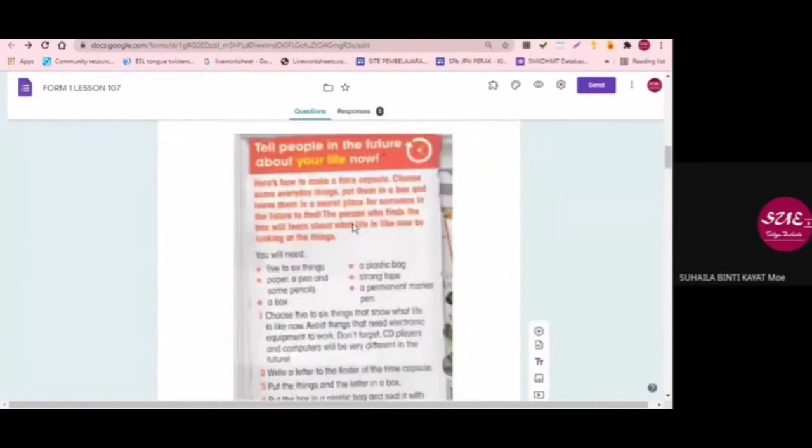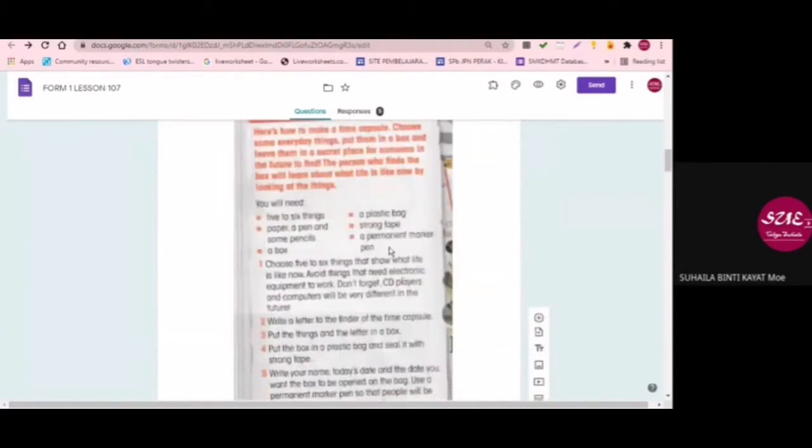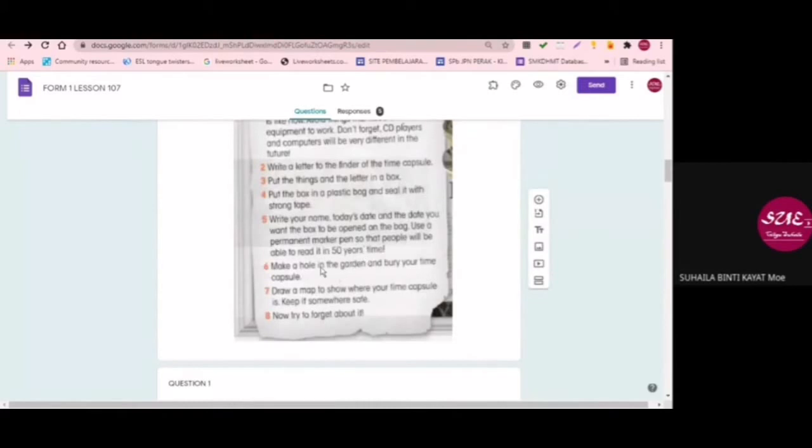Okay, dia kata kat sini you must use permanent pen marker. Kenapa permanent pen marker? Kenapa tak, macam saya cakap, kenapa tak guna pen biasa? Okay, use a permanent marker pen so that people will be able to read it in 50 years time.